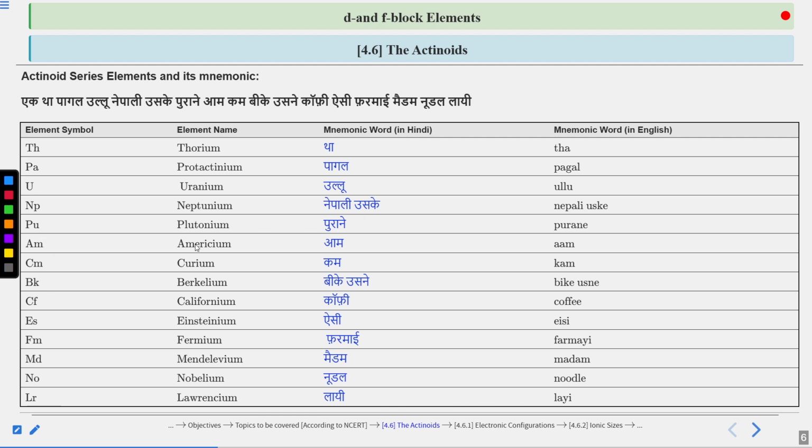Am is for americium, Cm for curium, Bk for berkelium, coffee is Cf for californium, Es for einsteinium, Fm for fermium, Madam, Md for mendelevium, Noodle, No for nobelium, and Lr for lawrencium. So this is how, using the mnemonic words, you can remember the series of the actinoids, that is, which element comes after which one.